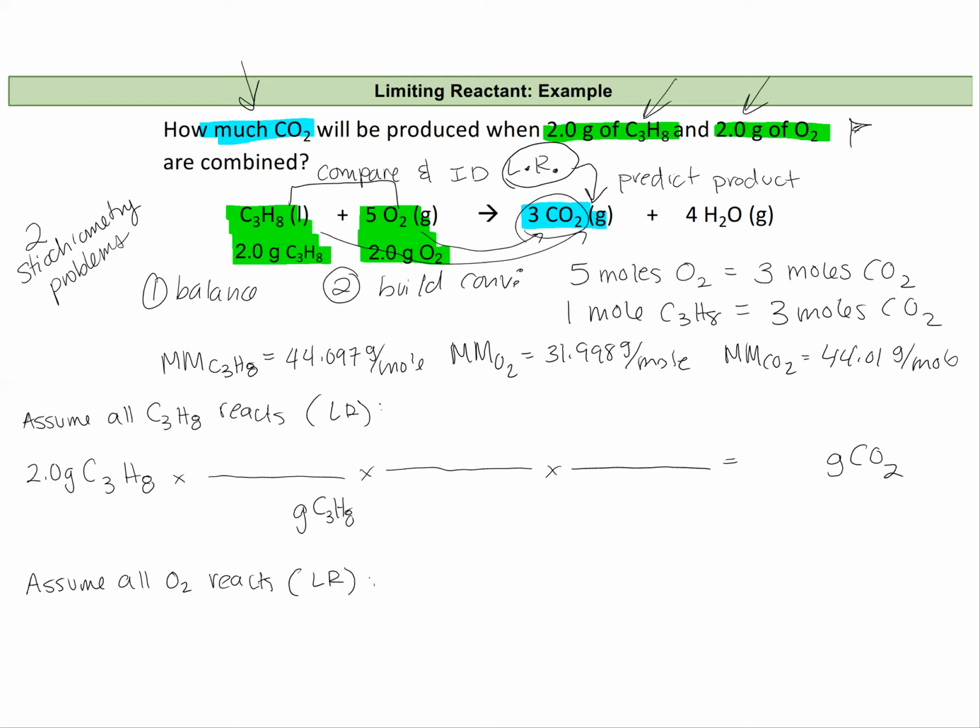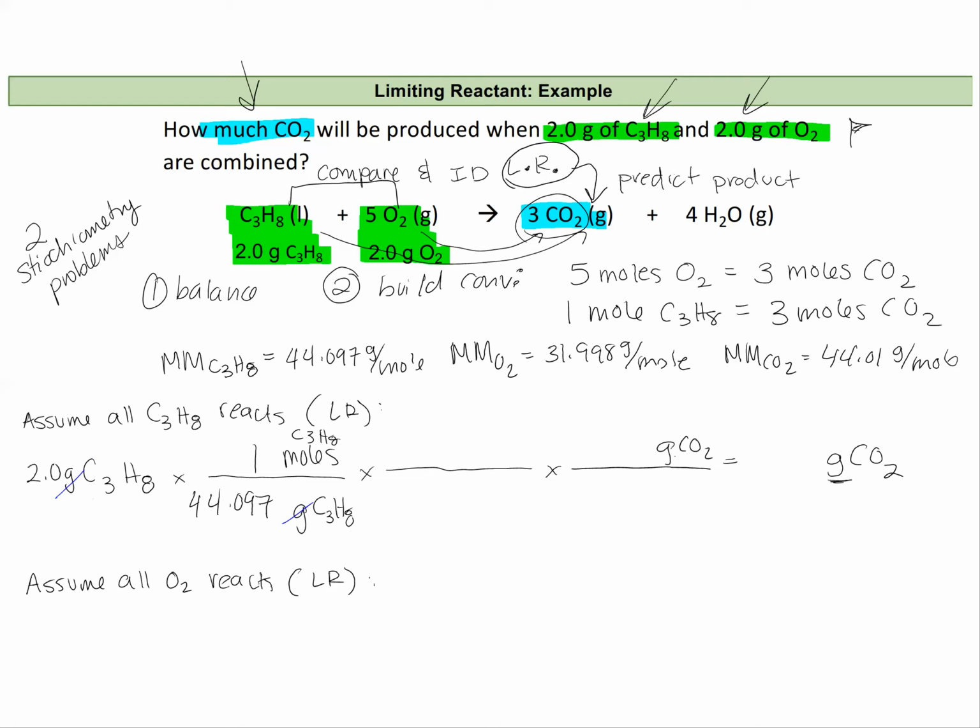So my grams cancel out. And the only conversion factor that has grams in it is molar mass. So moles will go on top. And that's 44.097 grams in 1 mole.